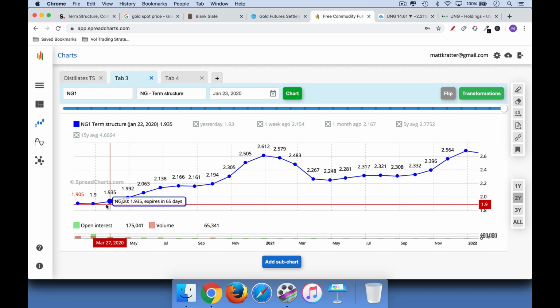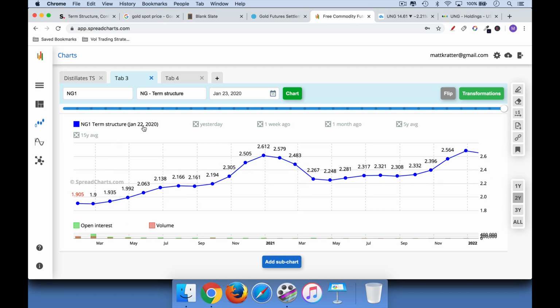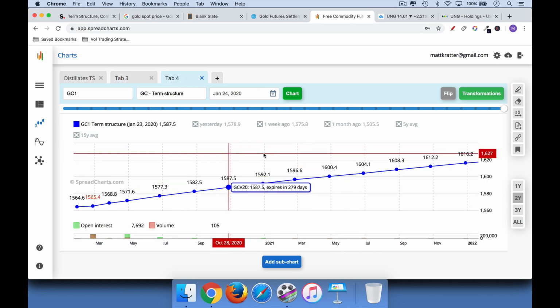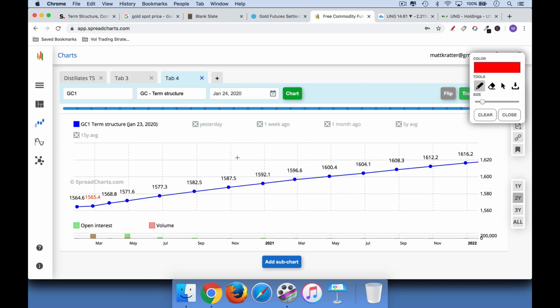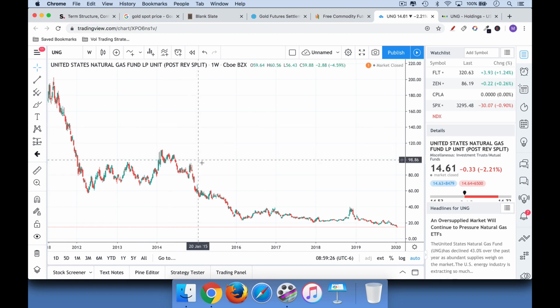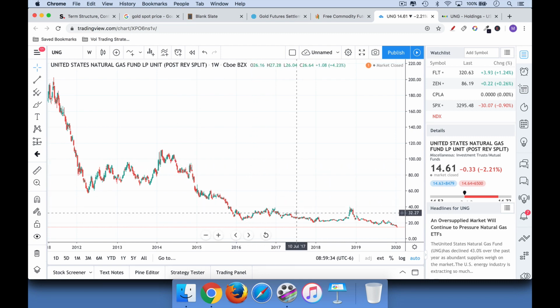And the problem when you're in Contango, as we saw with gold prices, is that if you buy up here and nothing happens, you basically roll down the curve and lose money. And that's exactly what's happening with natural gas. That's one reason this contract basically always goes down, unless you have some sort of real big spike in natural gas prices. But over time, you get a lot of decay.